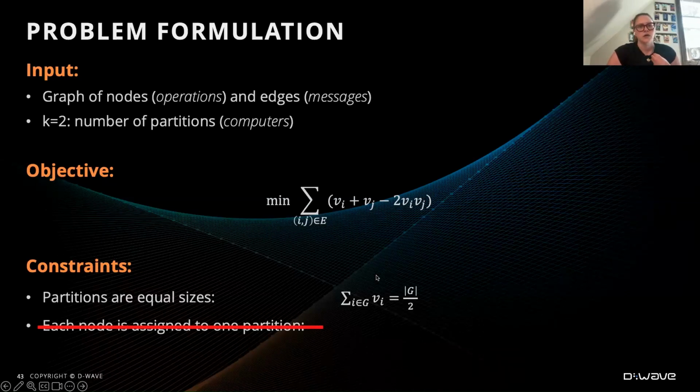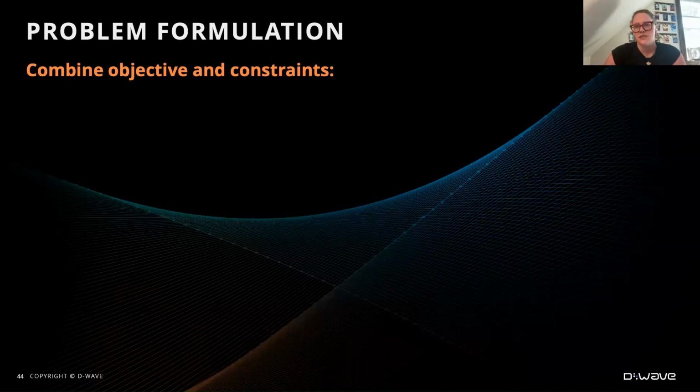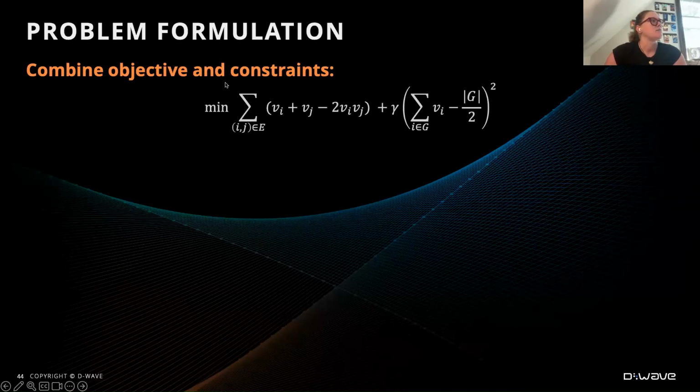So we need to incorporate this constraint somehow in our objective function. And a common way to do that is using a penalty function. So to combine our objectives and constraints together, we can do something like this, where this portion right here was our original objective, and this portion over here is a penalty function for our constraint.